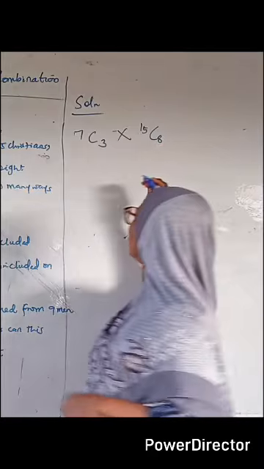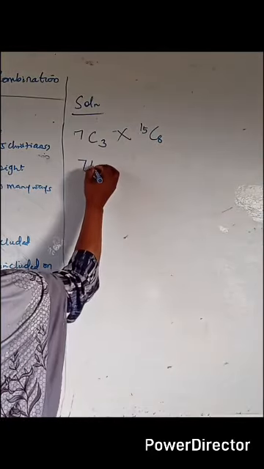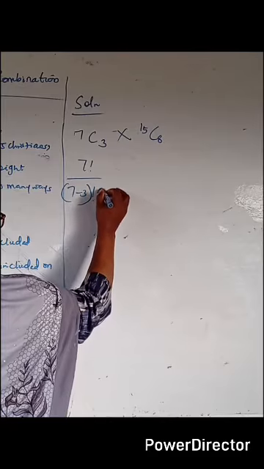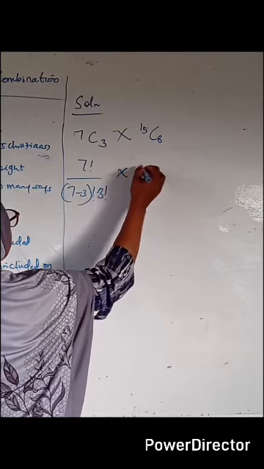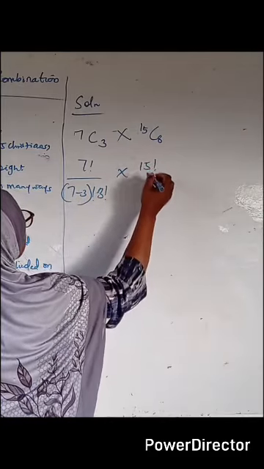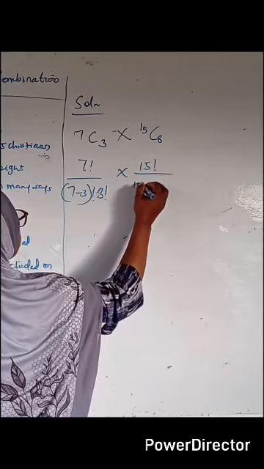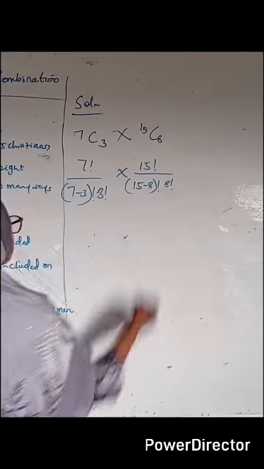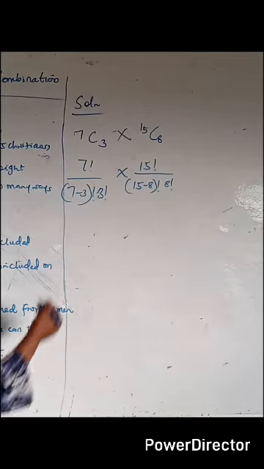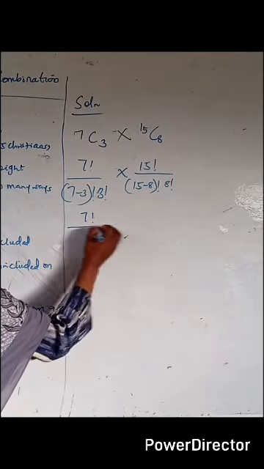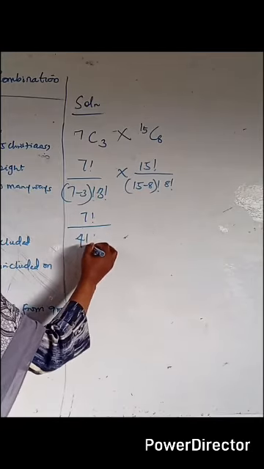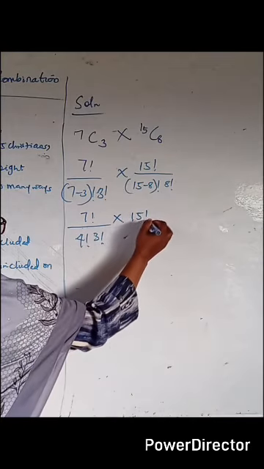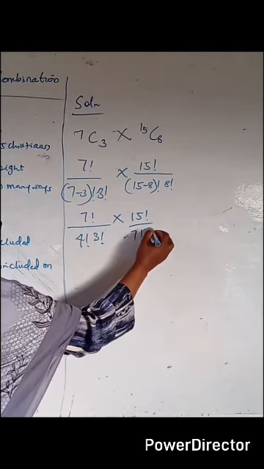Then you solve. 7 combination 3 is 7 factorial over 7 minus 3 factorial times 3 factorial, times 15 combination 8, which is 15 factorial over 15 minus 8 factorial times 8 factorial. With this you have 7 factorial over 4 factorial 3 factorial times 15 factorial over 7 factorial 8 factorial.